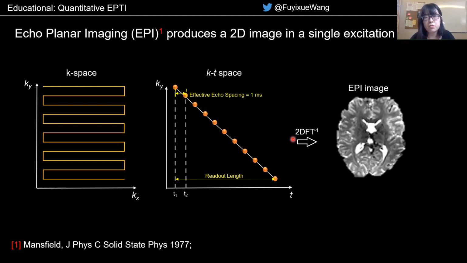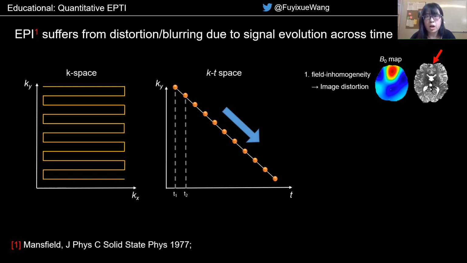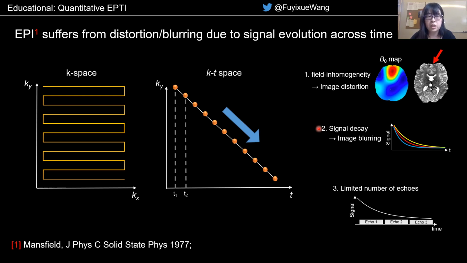The image is then formed by an inverse 2D Fourier transform of these phase encoding lines. However, during the EPI readout, there's accumulated phase due to field inhomogeneity that can lead to image distortion. There's signal decay across the readout that can lead to image blurring, and only a limited number of echoes can be acquired due to the long readout before the signal decays away.